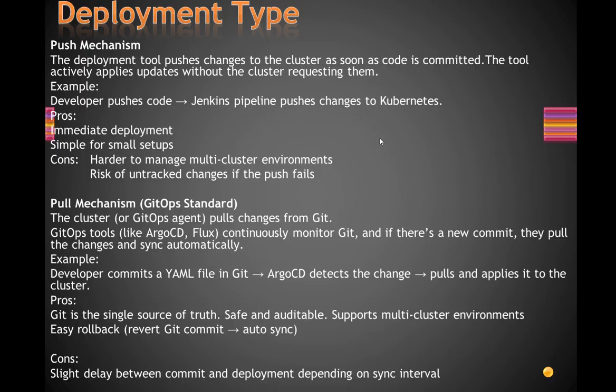And in the pull mechanism, which is the GitOps standard, the cluster or GitOps agent pulls changes from Git. GitOps tools like Argo CD and Flux continuously monitor Git, and if there is a new commit, they pull the changes and synchronize automatically. Example, a developer commits a YAML file in Git, Argo CD detects the changes, pulls and applies them to the cluster.